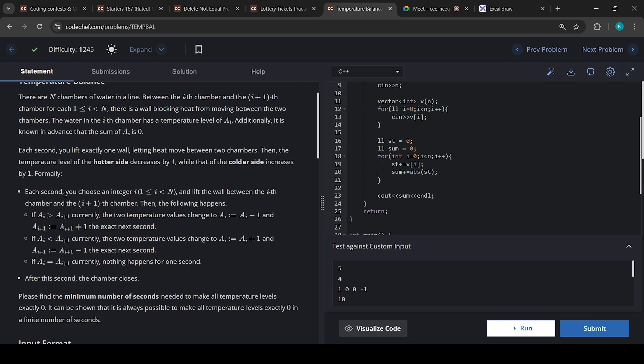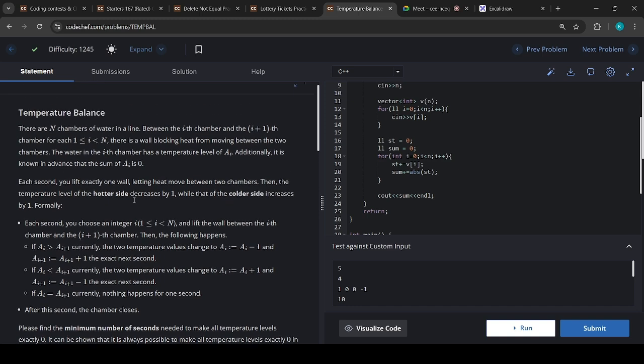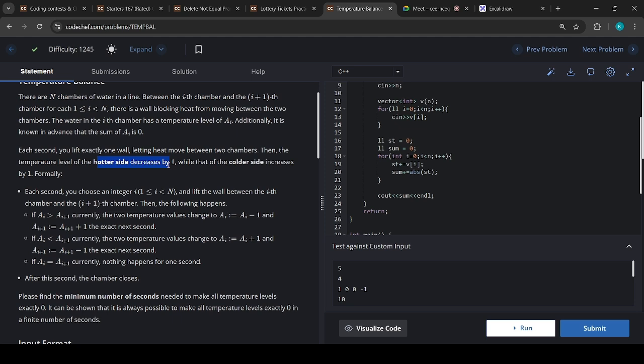Each second you choose an integer i from 1 to n and lift the wall between the i-th chamber and the (i+1)-th chamber. Then the following happens. If A_i is greater than A_{i+1}, the two chambers' values change: A_i changes to A_i minus 1, and A_{i+1} changes to A_{i+1} plus 1. So as we discussed, the hotter side will decrease by 1 and the colder side will increase by 1.